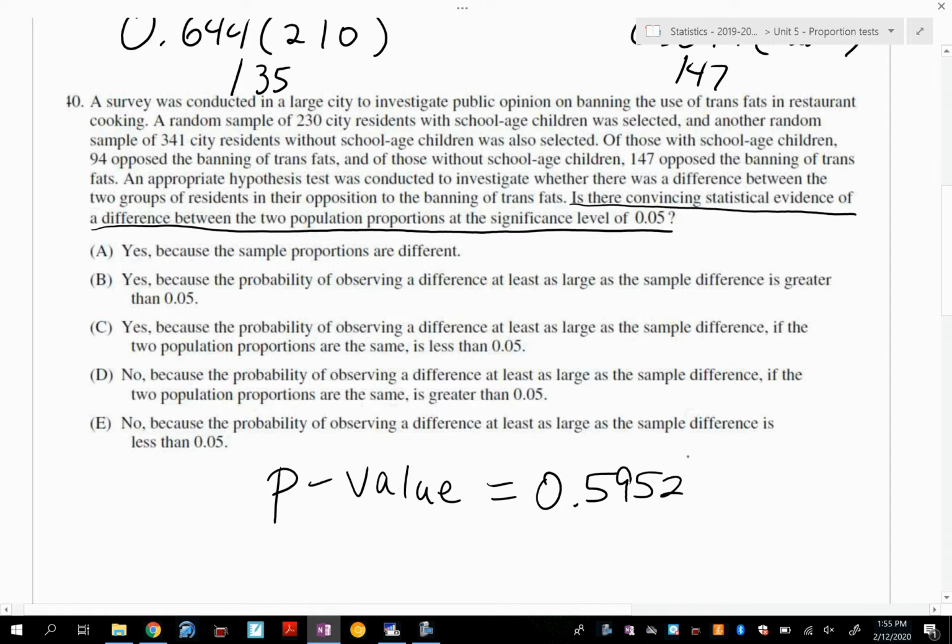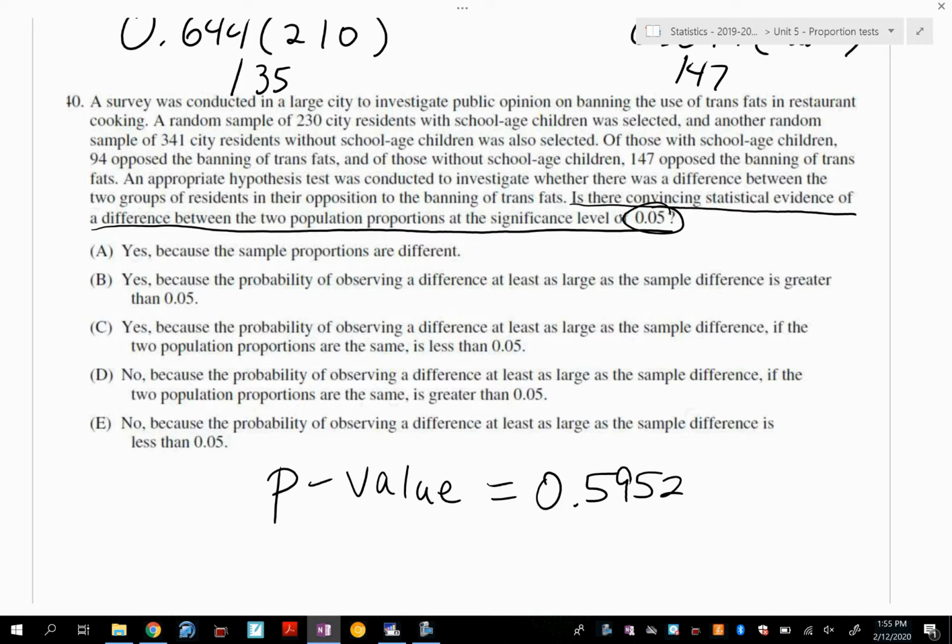The moment I read that, 0.5952, comparing to 0.05, do you see how that is much higher than 0.05? Because that p-value is so big, do I have enough evidence to say that there's a difference in these proportions? I do not.